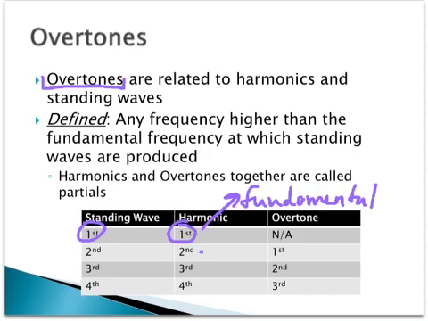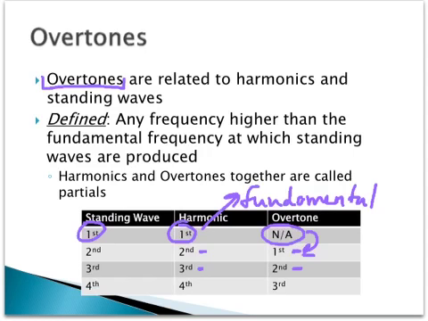So the second harmonic is actually the first overtone. The first standing wave does not have any overtone. Now we're looking at the next frequency, which gives us our first overtone. Then the third harmonic represents the second overtone. These are all related to that fundamental frequency.